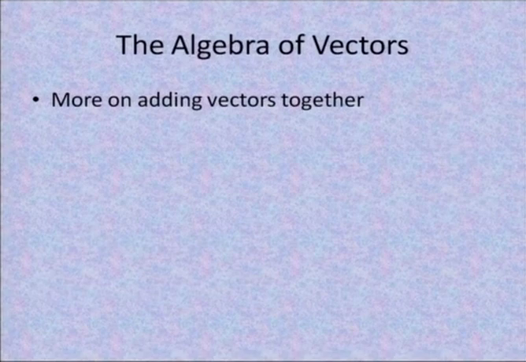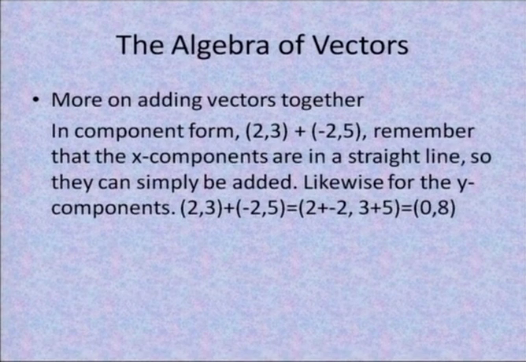All right, more on adding vectors together in component form. Remember, like we did with our resolving of components in a triangle, that vectors that are in a straight line are simply added together. So 2 and minus 2 are both going horizontally, so you may add those together to get the result. 3 and 5 are both going vertically, so you may add those together as well.